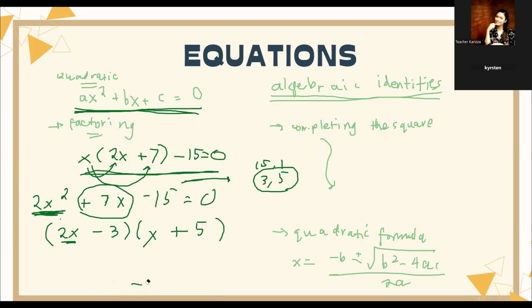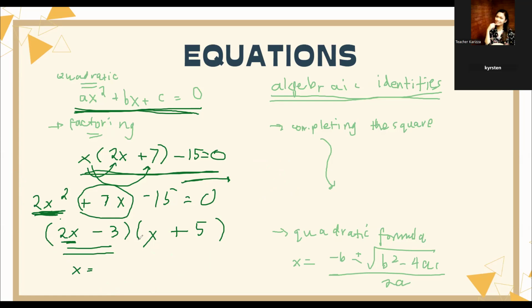So, let's erase this one. And then let's solve for our zeros. So, 2x minus 3, what's the value of x? What's the value of x for 2x minus 3? You have pen and paper, right?